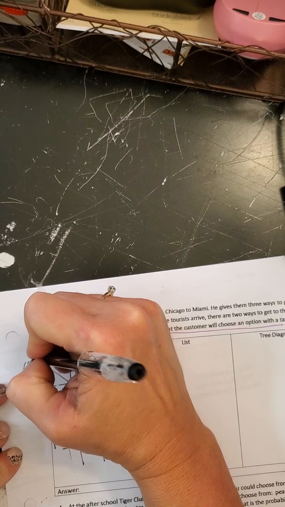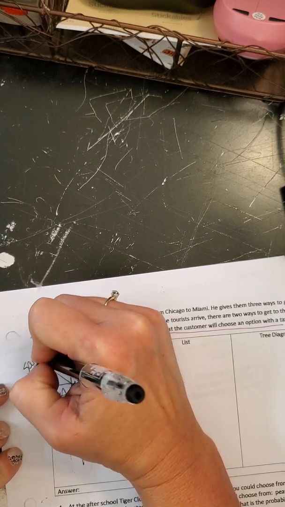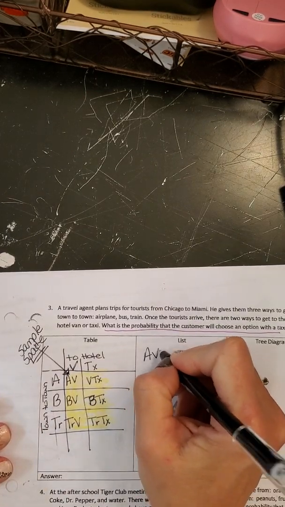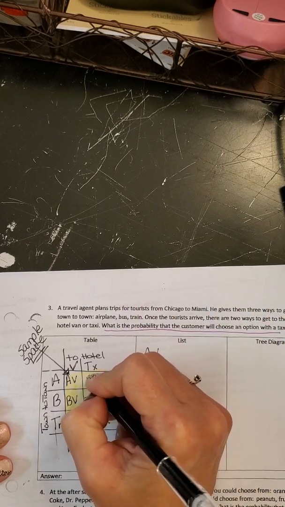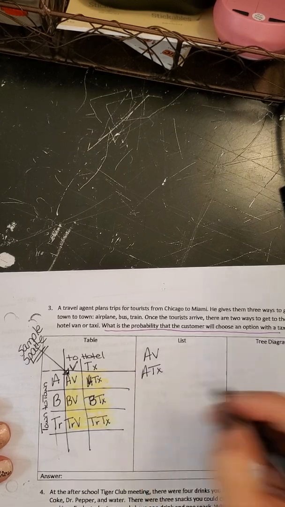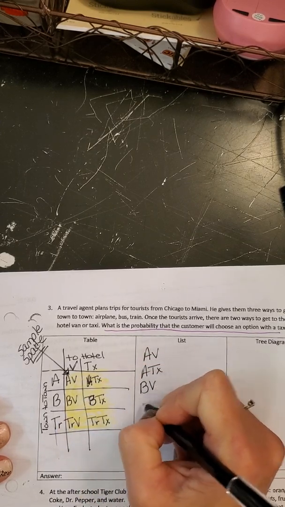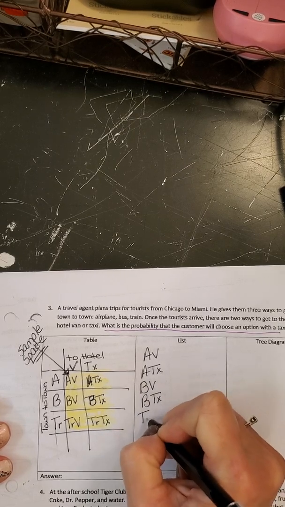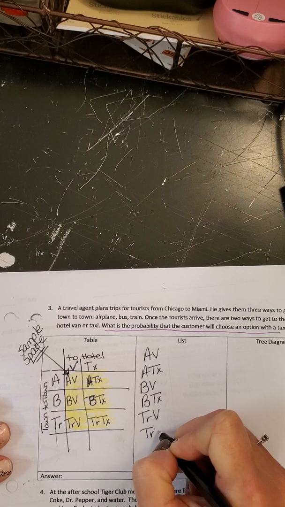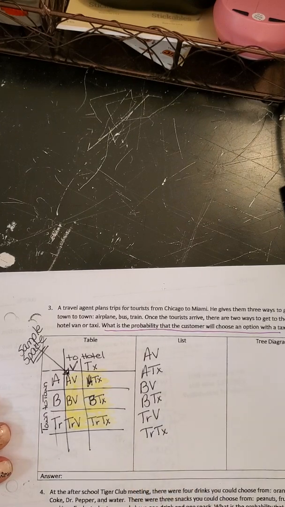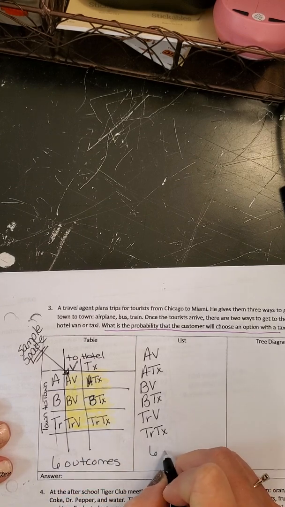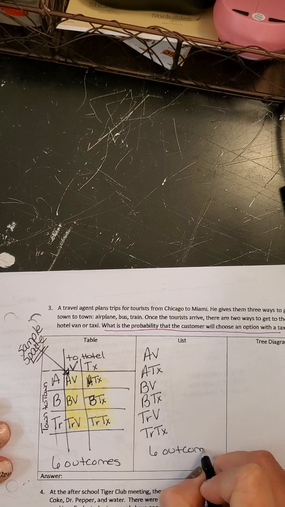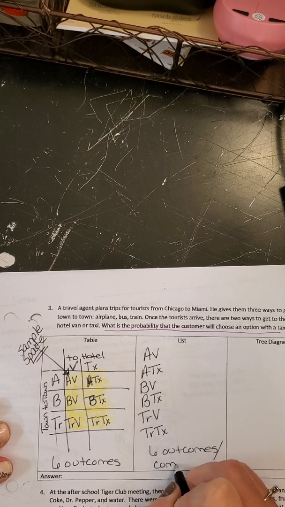This is our sample space. Now we can list them. Airplane, van. Airplane, taxi. Bus, van, bus, taxi. Train, van, train, taxi. So we have 6 outcomes here, or combinations.